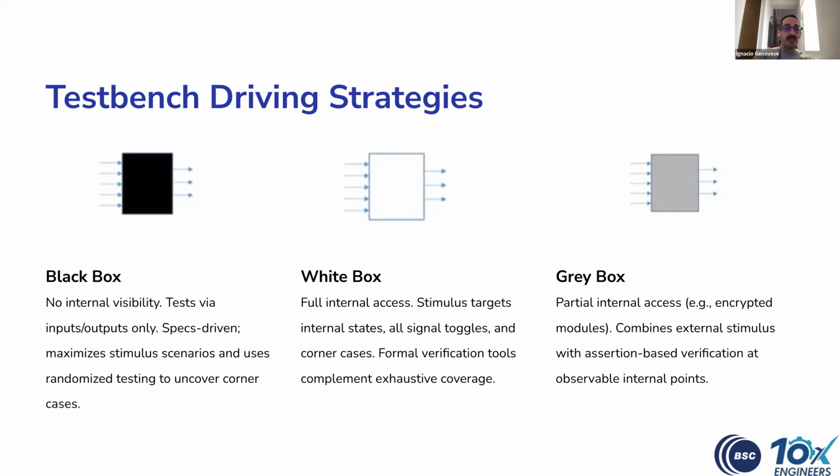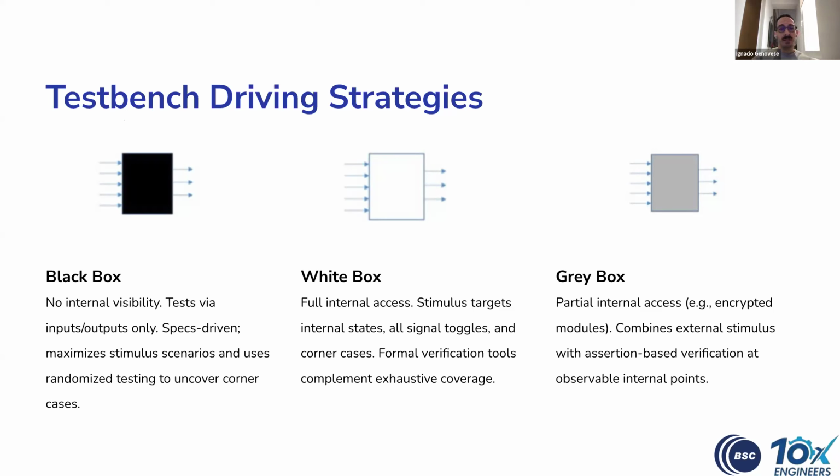Then a gray box strategy is a mix of both, where we might have partial visibility into our design. For example, we might see some internal signals, but other parts of the design might be encrypted. So this combines external stimulus with assertions at observable points.